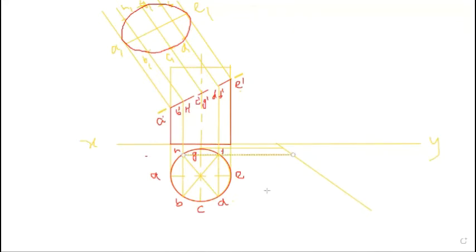HF will be the same line, AE will be the same line, B and D will be the same line, and C will be another line. Now from each point we draw a vertical line. Here also a vertical line.